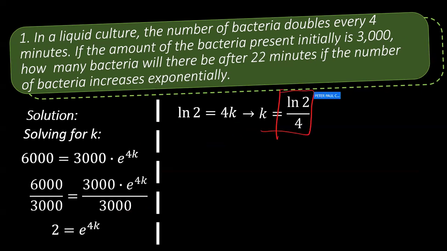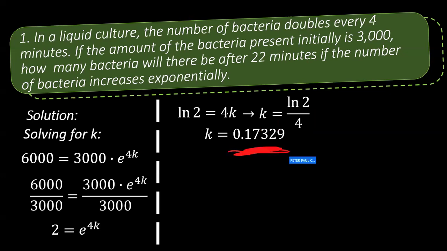Using your calculator, you have to encode ln of 2 over 4. Of course, your calculator will give us a very long decimal, but we only need 5 decimal places for k. So for uniformity, again, use 5 decimal places.